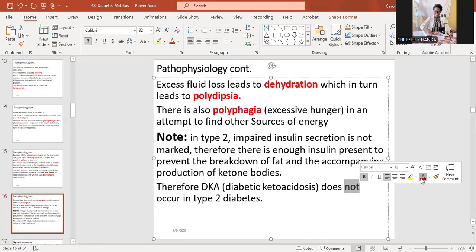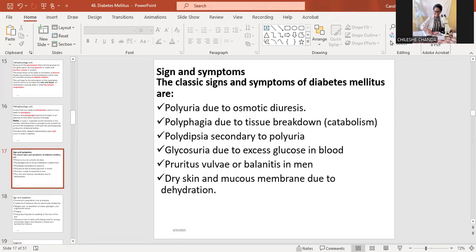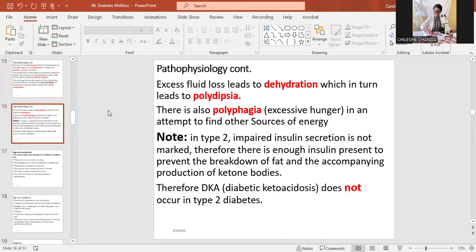The patient is not predisposed to diabetic ketoacidosis because in type 2 diabetes mellitus, there is enough insulin. However, in type 1 diabetes mellitus, there is no insulin at all. Therefore, there is increased breakdown of the stored fats and stored proteins, and this patient will be very thin, very lean, and prone to ketosis.